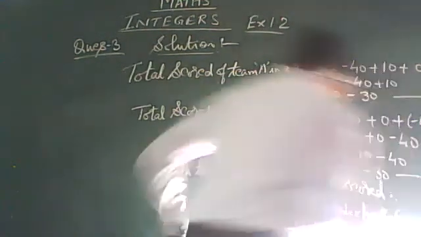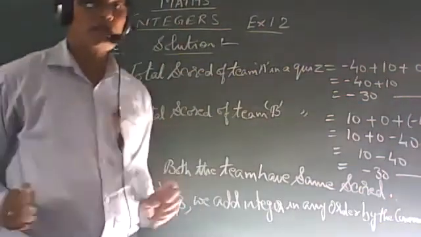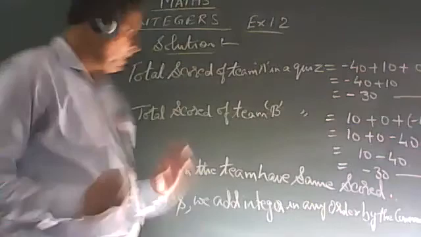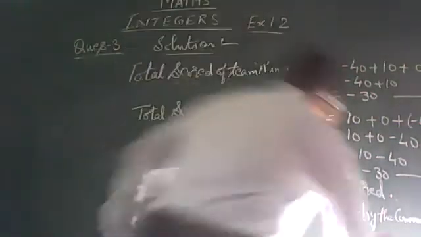The commutative property says that if we change the place of the numbers, the answer always comes the same. Therefore, we add integers in any order, and that is our answer.